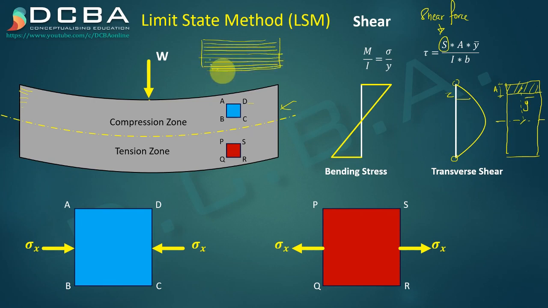Obviously I cannot draw those thin layers exactly, but after the bending, what happens to these thin layers? Just imagine that this is how the bending takes place.